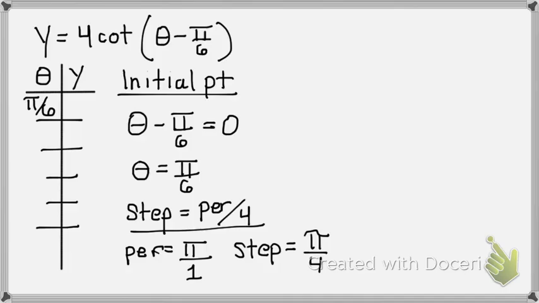And what that means is that we are going to add pi over 4 to the initial point until we get 5 points.